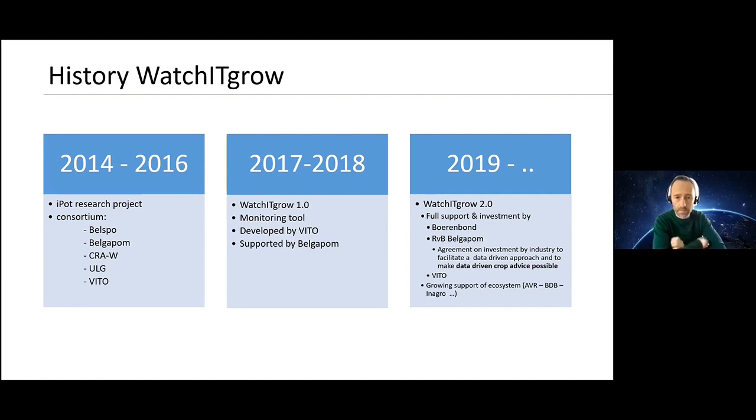It was fully developed by VITO, but supported by Belgapom, the interest organization of the Belgian potato processing and trade industry, which was quite important to have the support of this sector. And soon this support also ended up in a partnership with the Farmers Union in Belgium, where both the Farmers Union and the processing industry supported the further development of the application through a small financial investment, but also incentivized farmers to share data through the application, which is very important, as the goal was to deliver data-driven advice to farmers.